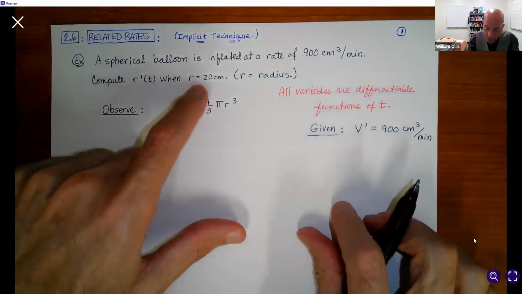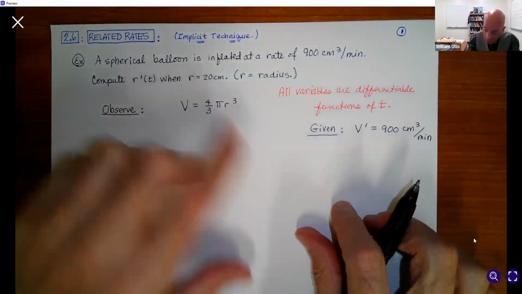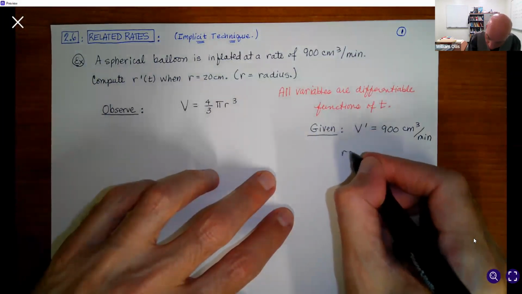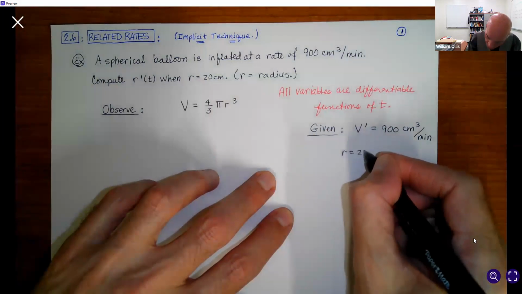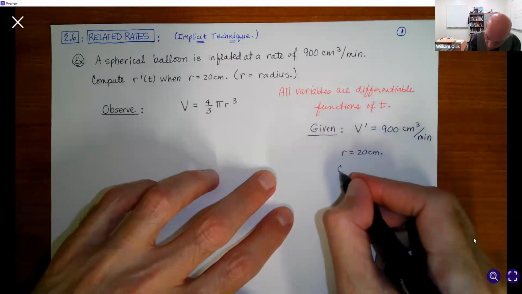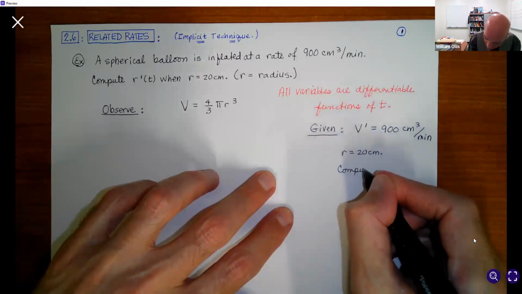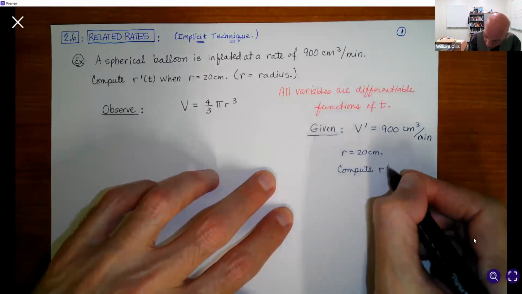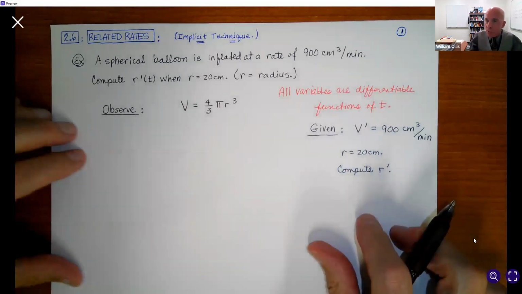And also, we're given a value of R. R equals 20 centimeters. And we are to compute R prime under these conditions.